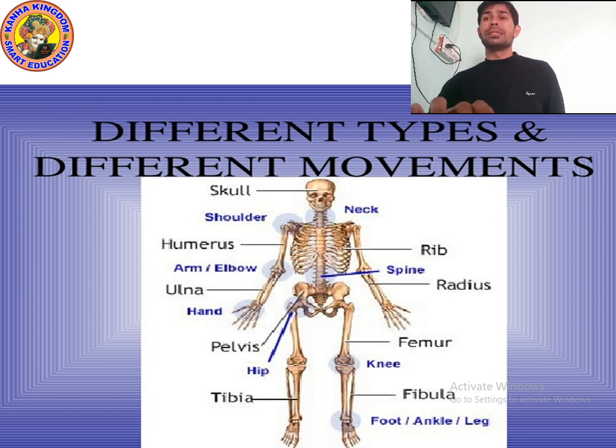Apart from skull and teeth, it is also present in our upper jaw. Yes, there are two jaws. The lower jaw is movable, but the upper jaw cannot move. So it is present in the upper jaw also. So these types of joints are present.